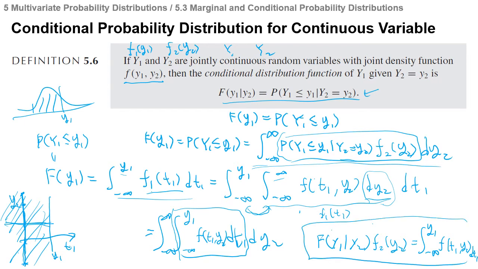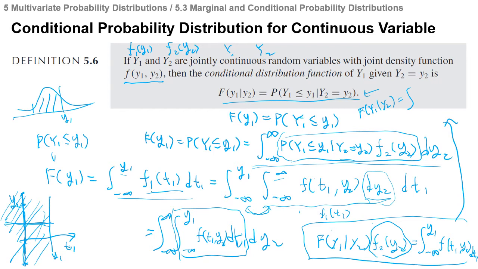Okay, and from here you can calculate F(y1 given y2) this way. You can move f2(y2) inside, since this is a function of y2 and does not depend on t1.